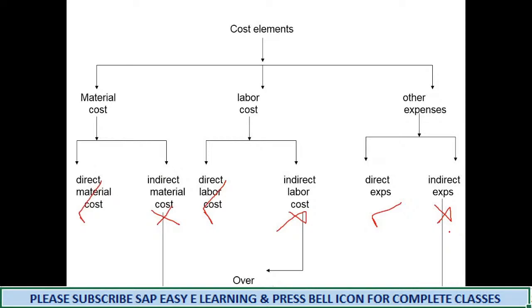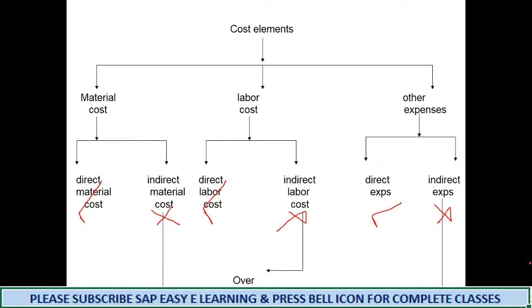But if you sum up indirect material cost, indirect labor cost, indirect expenses, they become a larger portion. Now they can be analyzed, in the summarized entity. That sum is called overheads, nothing else.